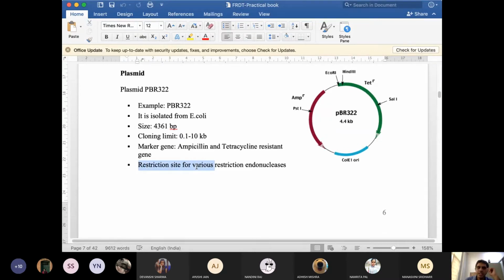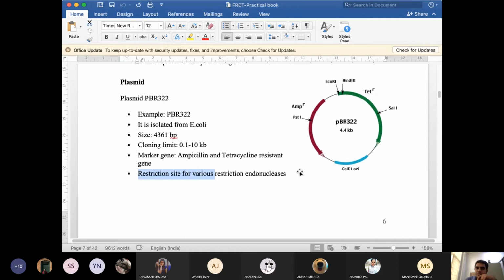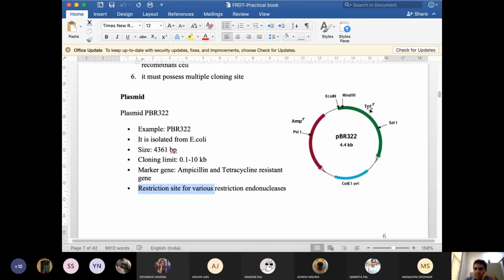Then coming to the restriction sites, as you can see, EcoRI, HindIII, SalI, PstI, and so on. These are the restriction sites. And as I mentioned, it must have self-replication properties. It has the ORI site, the pMB1 origin of replication.